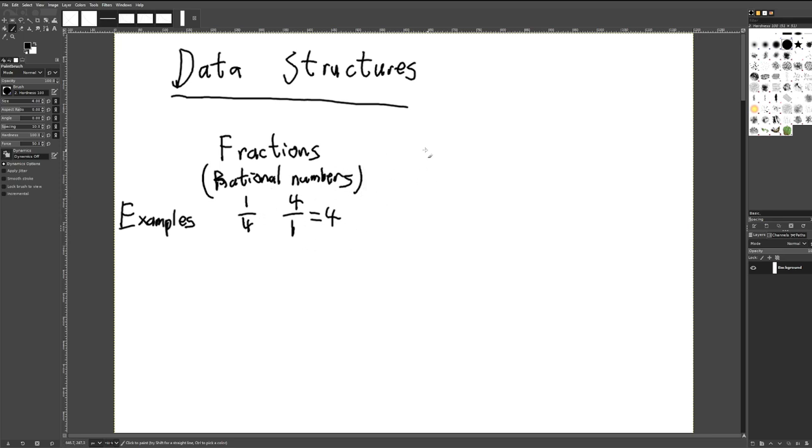Another example of a data structure is complex numbers. And some examples of that are i is a complex number, and say 3 plus 6i is a complex number.